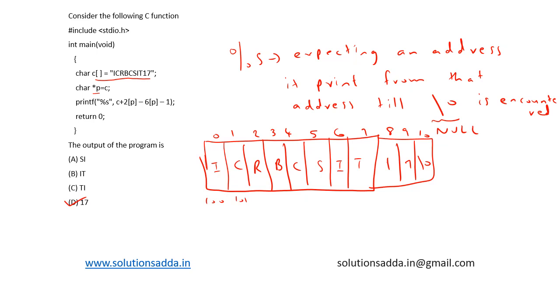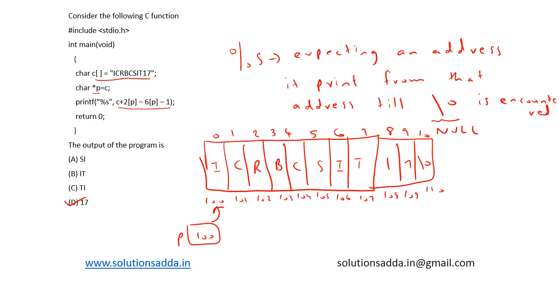We have 101, 102, 103, 104, 105, 106, 107, 108, 109 and 110. Now this P is a pointer which is storing the value of 100 and it is pointing here. And we are asked to print the value of C plus P of 2 minus P of 6 minus 1.